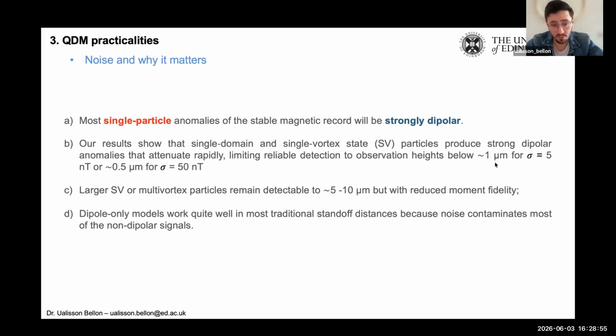And the larger single vortex and multi-vortex particles can still be detected if you can mitigate noise up to 5 and 10 microns away from it. But the moment fidelity can be significantly reduced. And finally, dipole-only models work quite well in most traditional standoff distances because noise contaminates most of the non-dipolar signals.